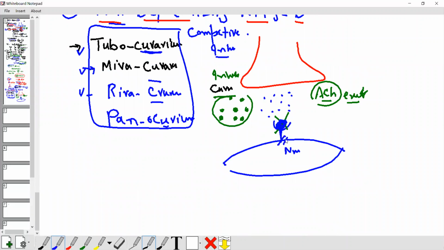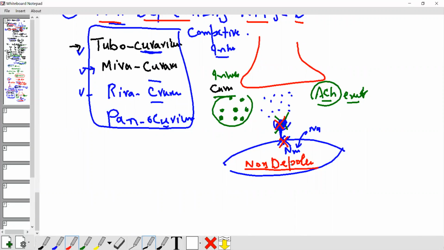When they block the receptor, can you open the sodium channel? Of course not. If sodium does not come inside the cell, is it possible to depolarize the muscle? Of course not. Because you block this receptor, the sodium gate closes. The sodium gate does not open, so the muscle is not depolarized.